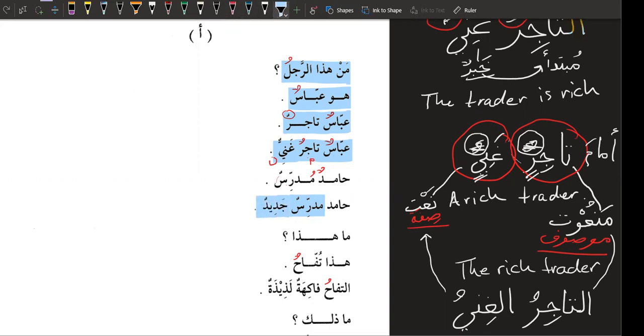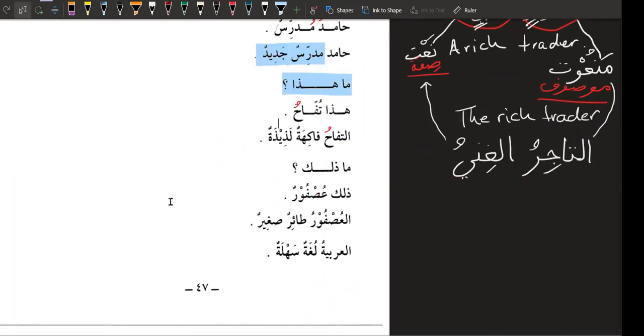Now, then we have ma hadha. What is this? Hada tuffahun. Sure, we've done this before. Tuffah, apple. هذا تفاح. التفاح فاكهة لذيذة. So here فاكهة would be the منعوت, and لذيذة would be the na'at. فاكهة is the thing that is being described, and لذيذة is the description.